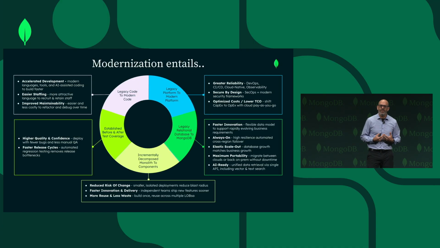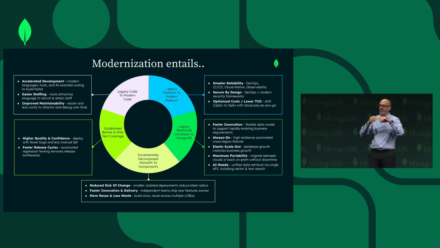So to MongoDB, modernization requires a lot of different activities. It's not just code translation. One is going from that legacy platform to a modern technology stack. The next is replacing an old relational technology with a modern data platform like MongoDB.